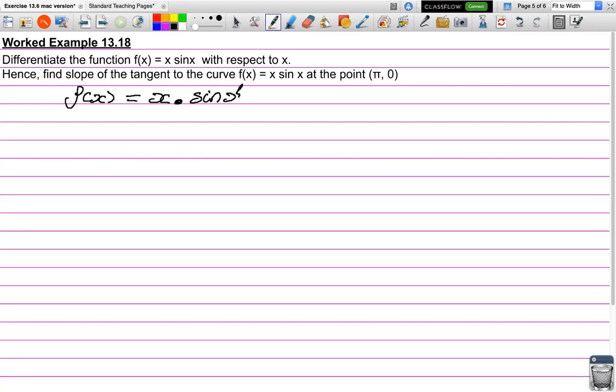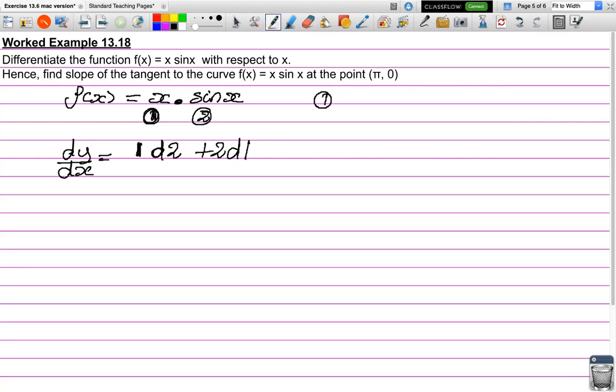And in this case, you had to recognize that this is the product rule. First times second. At this stage, I hope you've learnt that for the product rule, it is the first function times the differential of the second plus the second function times the differential of the first. You really need to learn that rule in words.